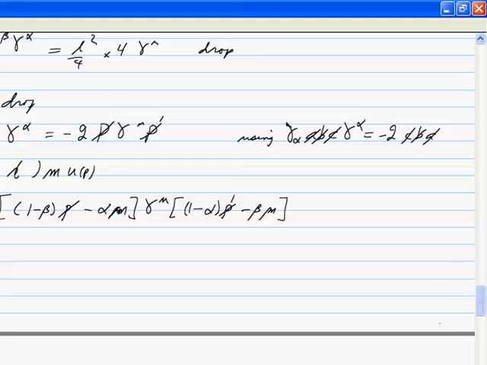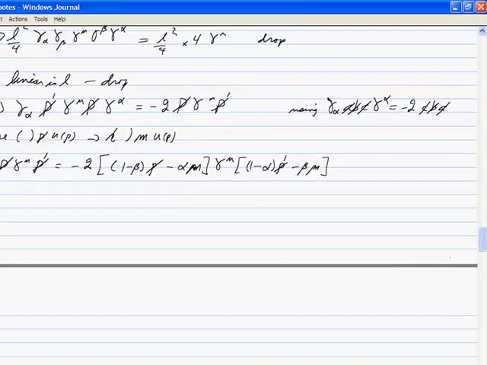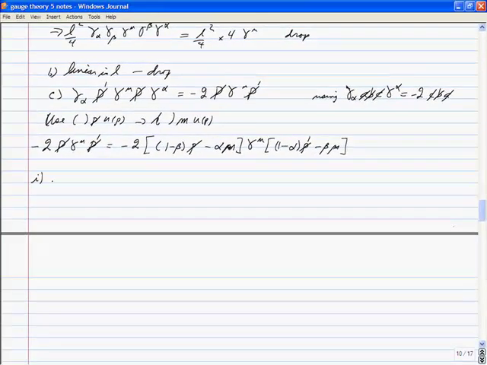So we then have to work on this guy a little bit. This won't take too long. We're coming along fine. So the alpha beta m squared gamma mu we drop. We've got that in the right form.